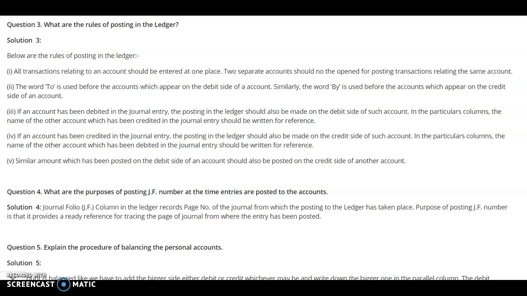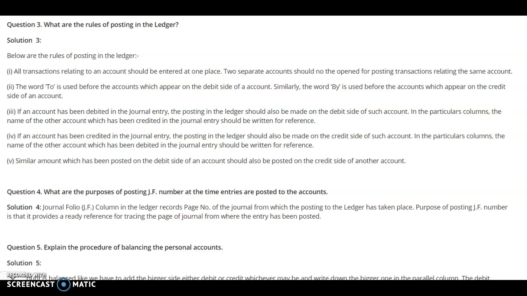Now, how the posting is done, that we have to understand. Dear students, while making the posting, we have to understand that the posting is to be done with reference to the type of the entry. I repeat, the rule of the posting is based upon the type of the entry. For this purpose, we categorize all the entries into two parts.